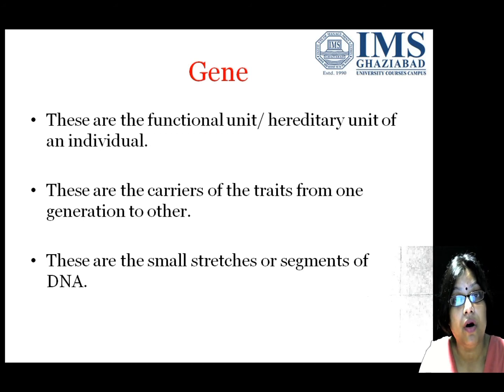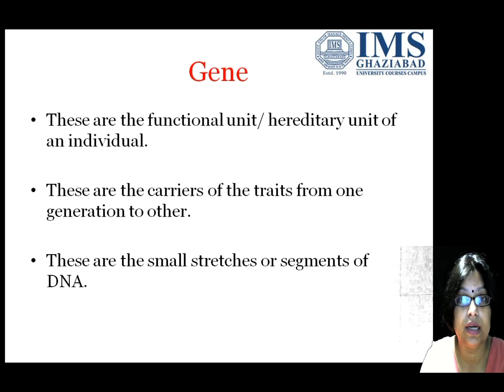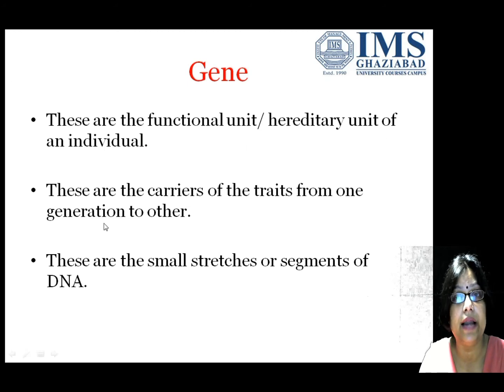Because of the gene, the characters get inherited, and that's why it is called the functional unit or the hereditary unit of an individual. Or you can say genes are the carriers of the traits from one generation to another generation.